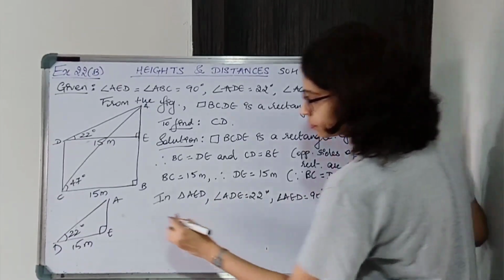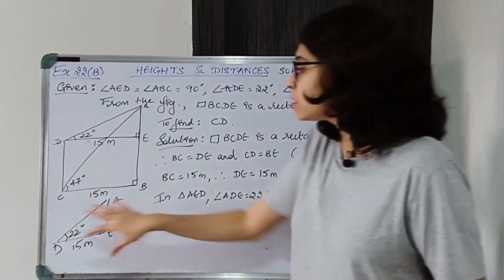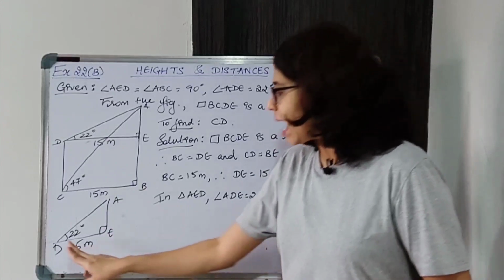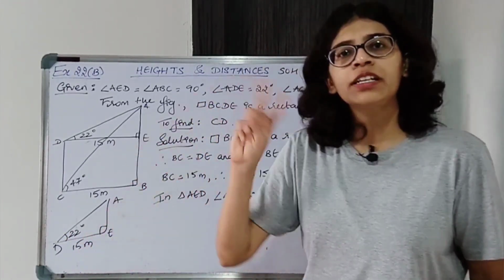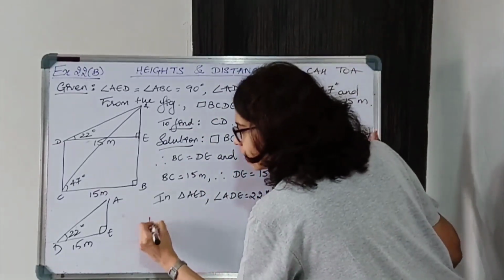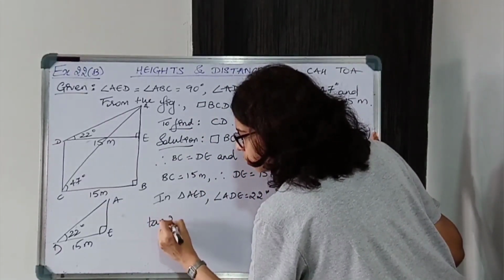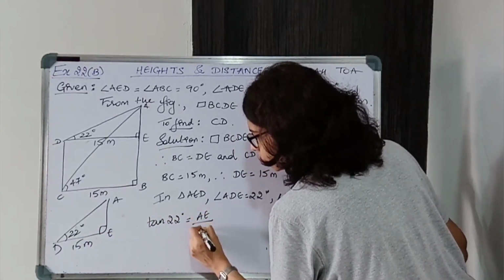Now we are using a trigonometric ratio over here because this is a right angle triangle. We have to find the side opposite the angle, and the adjacent is known. The relation of opposite and adjacent comes in tan. So tan 22 is equal to opposite upon adjacent.